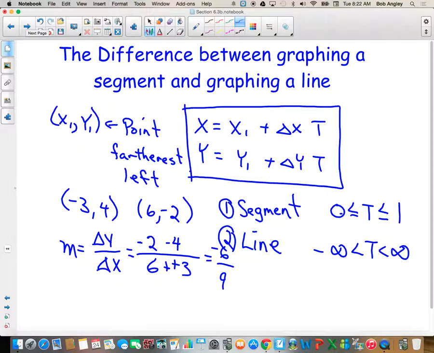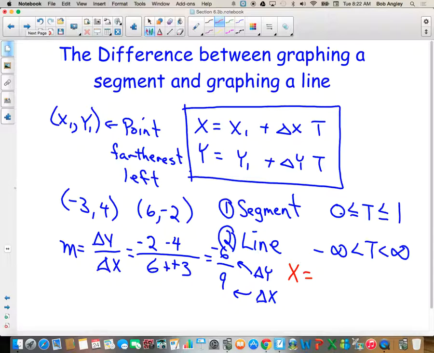Now, I'm going to suggest to you here that if you want to keep that idea of 0 less than t less than 1, that you not reduce the fraction. That top part is delta y, and that bottom part there is delta x. So if I want to write an equation for the segment that goes from here to there, I'm going to write in red because I'm running out of room and I want you to be able to see everything without it being erased.